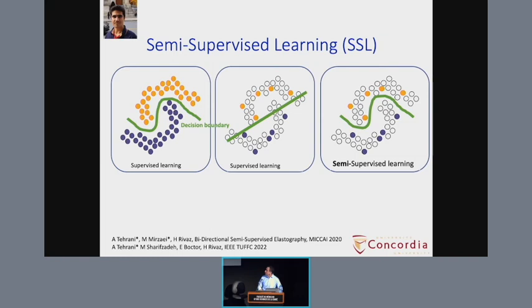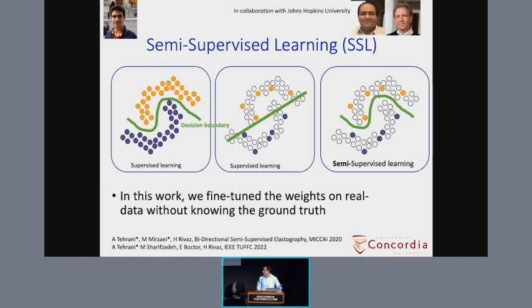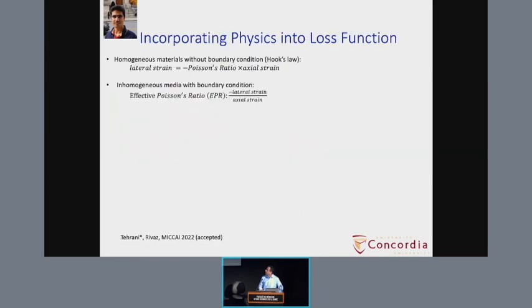What we did in this work, which was published in MICCAI 2 years ago, is we fine-tuned the network on real data using cycle consistency. Basically, the deformation from image 1 to image 2 should be the inverse of the deformation from image 2 to image 1. And this year, we propose to incorporate physical priors into our loss function.